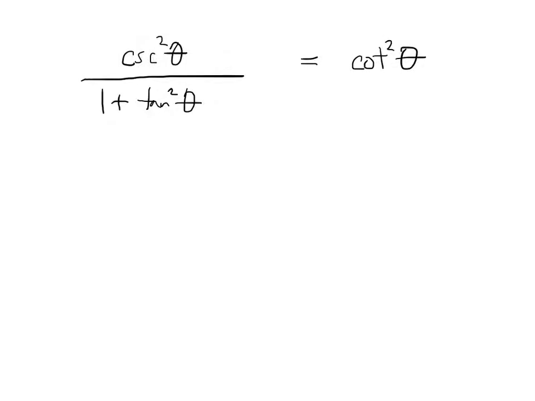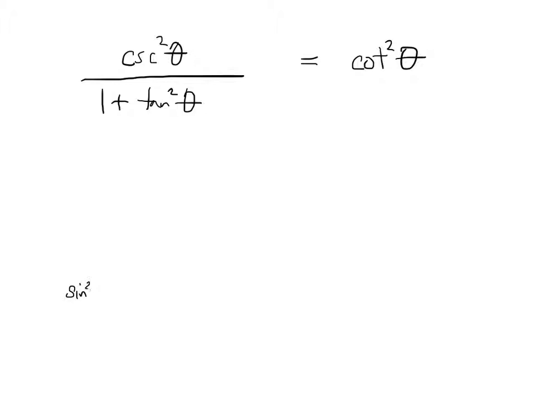Now, you can trade this for sines and cosines, but there are identities involving tangent and secant and cosecant. One of them is this one.